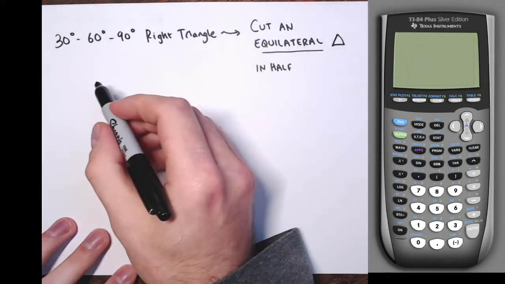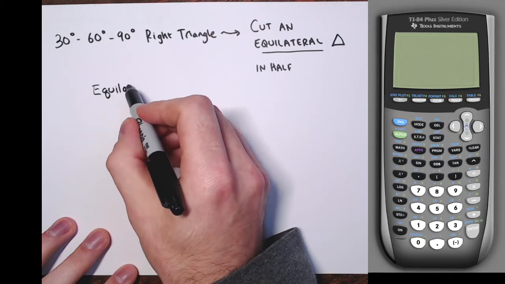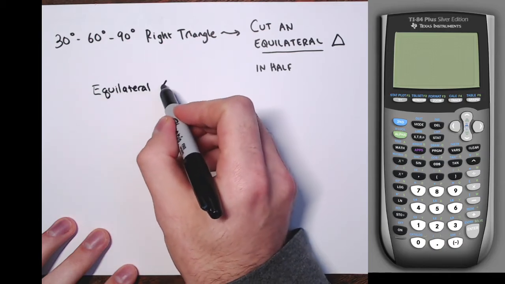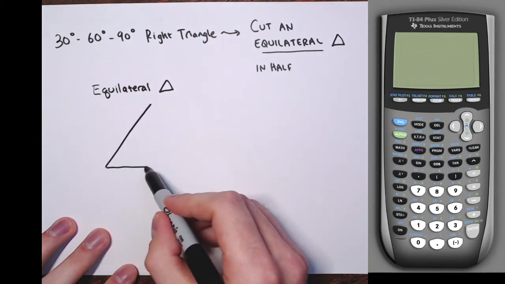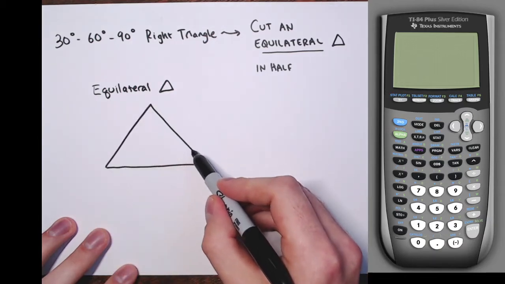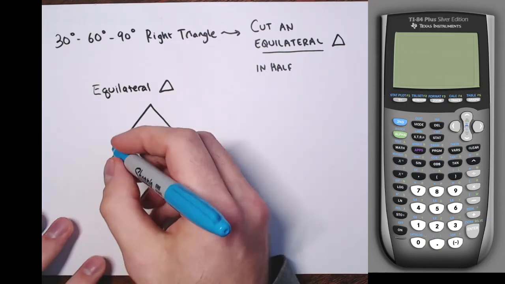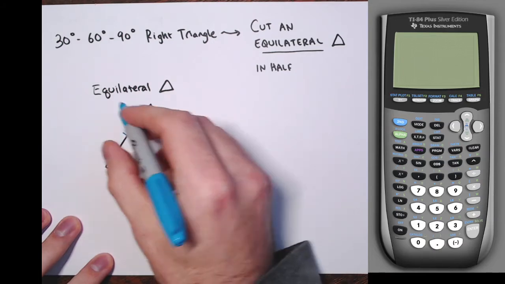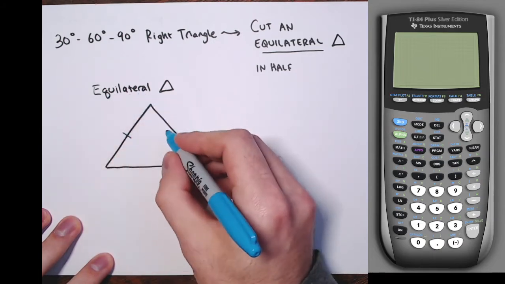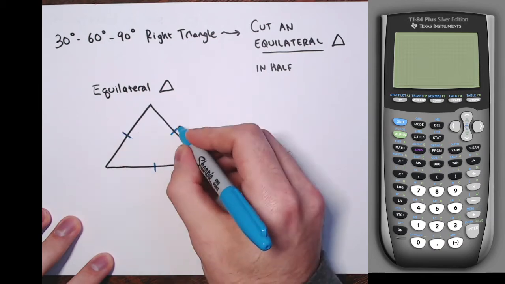Right. So here's an equilateral triangle. Now hopefully this sounds familiar, equilateral. All that means is it's not a right triangle. Right? It's not a right triangle. It's a triangle in which every single side has the same length.